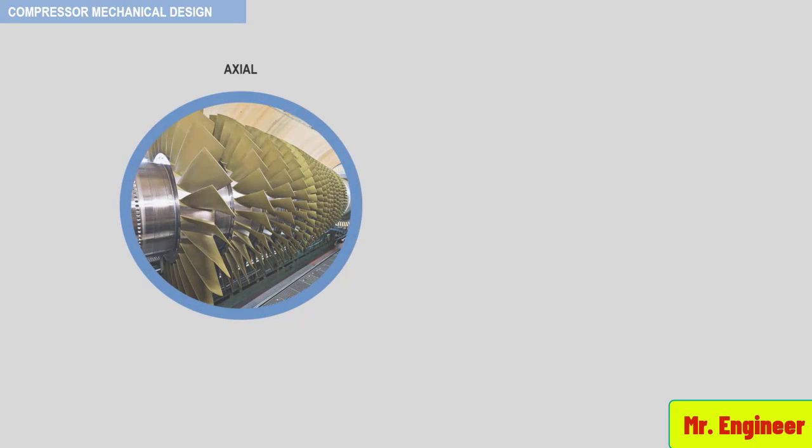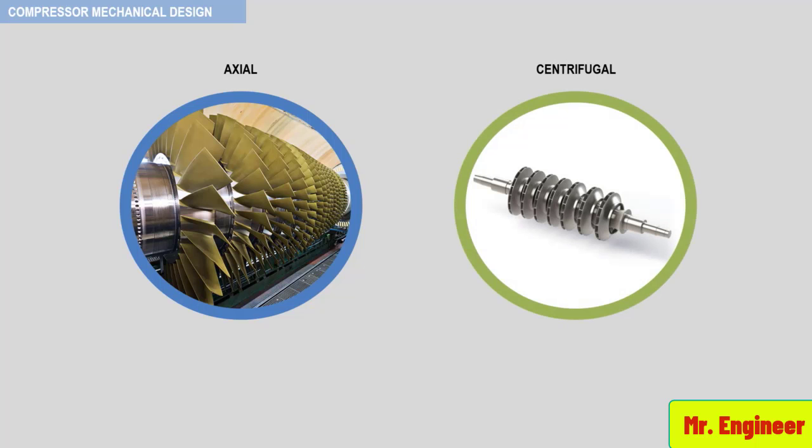The rotor consists of the shaft, impellers, thrust disc, and ballast drum. The rotor rotates and therefore increases the energy of the gas. Dynamic compressor rotors can contain axial and/or centrifugal impellers.